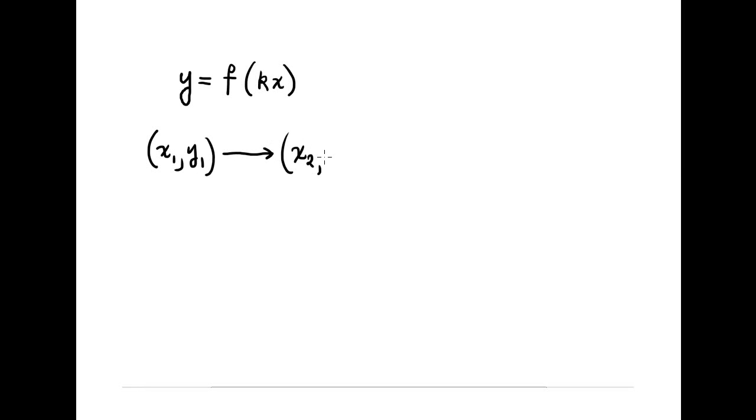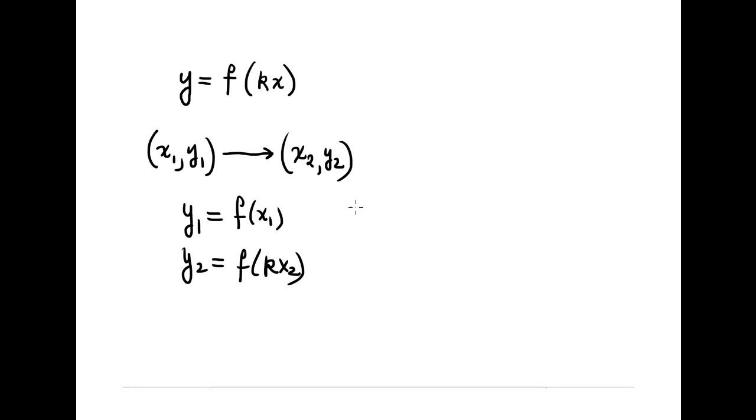Okay, the last transformation is when you multiply by the factor but inside the parentheses. The analysis is a little bit different. Suppose we have a point in the original graph, it is transformed, and there is another point in the new graph. As always, y1 is equal to f evaluated at x1, and y2 is equal to f evaluated at k x2.